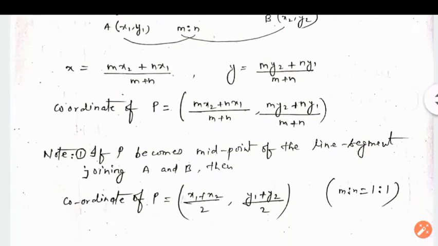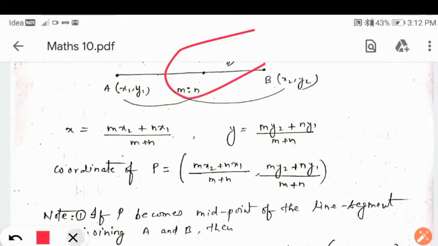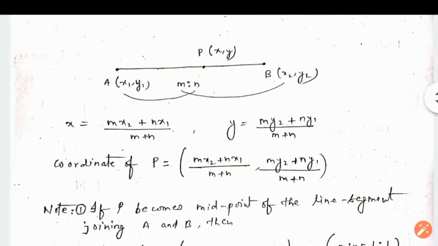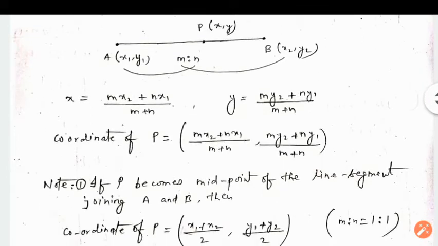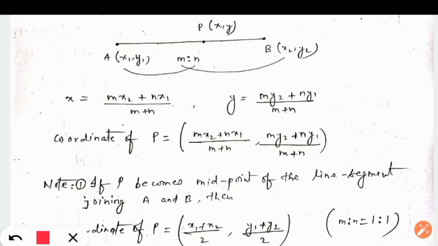Now note, if P becomes the midpoint of the line segment joining A and B, then A to P and P to B, the ratio will become the same, 1 is to 1.